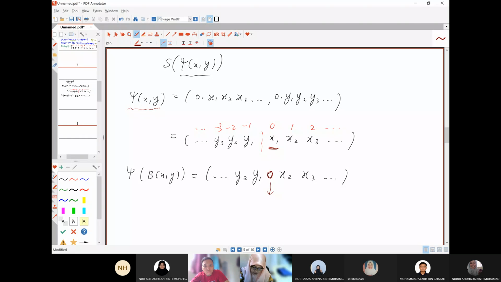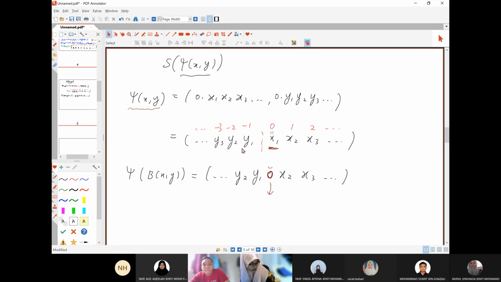Y0. X1 kan? X1. Kalau tengok kat psi xy. So kalau kita tengok psi bxy, kita dapat 0 kat sini. Sekejap saya tunjuk dengan ni lah. Okay, this 0. So what is the name for this 0? This is actually x1. Yes, correct. This is actually x1 that coming from here.